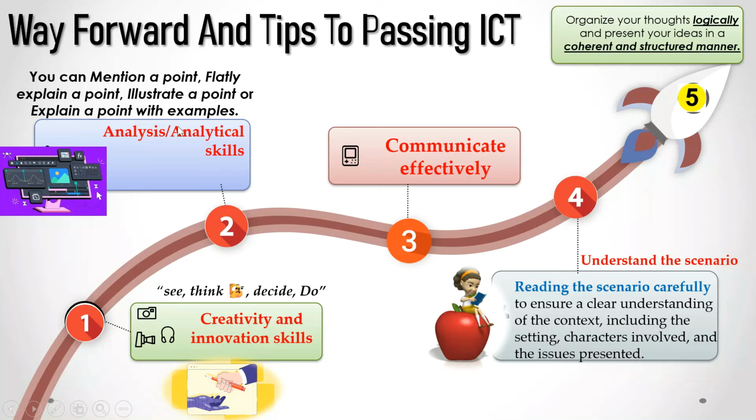This item, we give our introduction. The introduction should at best be fetched from the scenario itself. So we are saying that you can mention a point, flatly explain a point. If you want, you can illustrate a point or explain a point with examples.